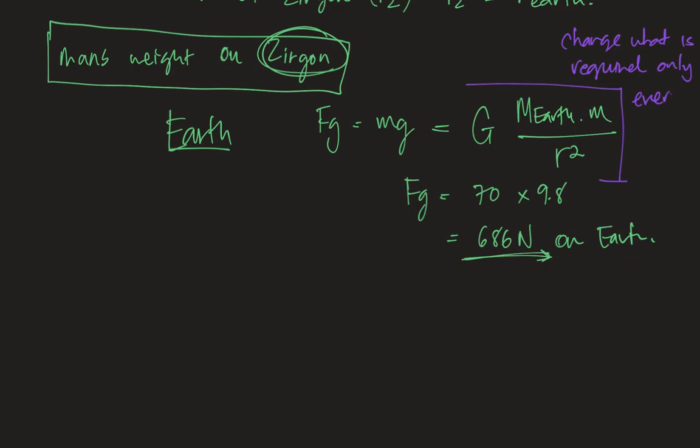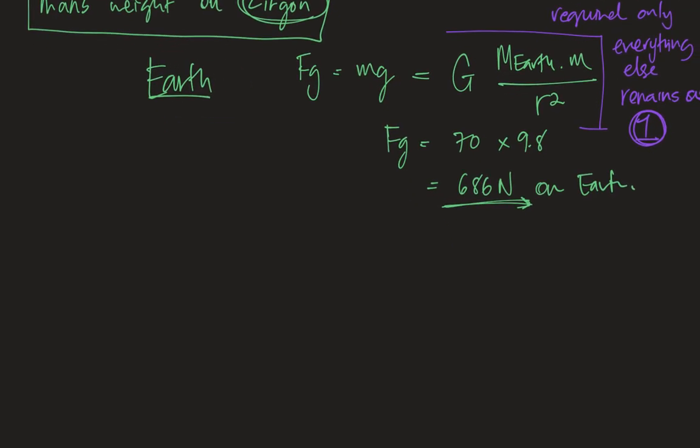Everything else remains as the value 1. Everything else changes only if they say double this mass or double that mass. So the next step is to look at the situation on Zygon in terms of Earth.